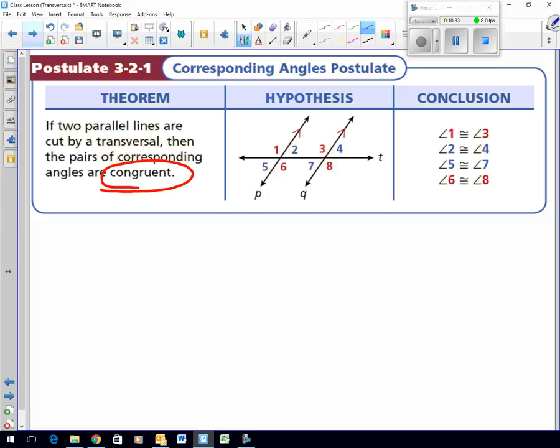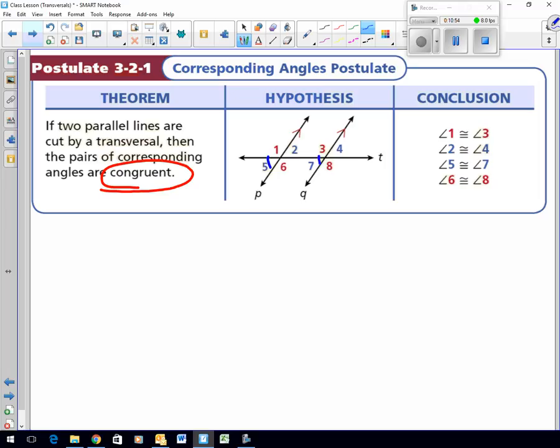How would you describe the location of angle 5 in comparison to 1, 2, 5, and 6? Bottom left. Go to the other set of angles, 3, 4, 7, and 8. Which one's located on the bottom left? 7.